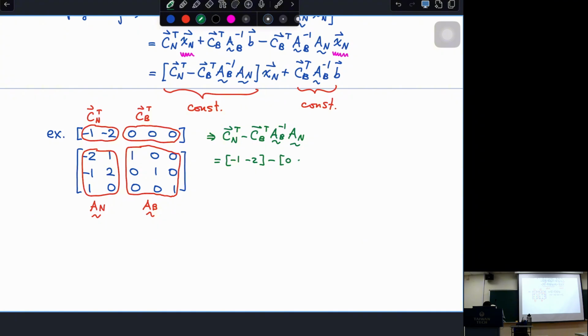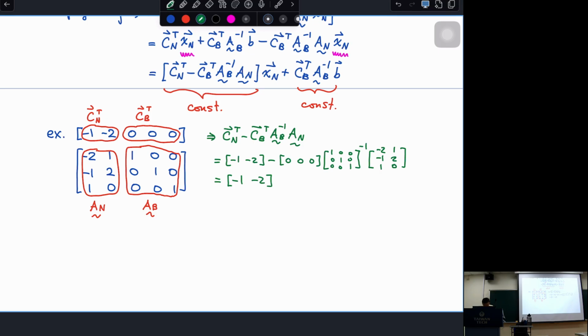AB is 1, 1, 1, but inverse AN is -2, -1, 1, 1, 2, 0. Right? So from here you can easily see the end result is -1 and -2.